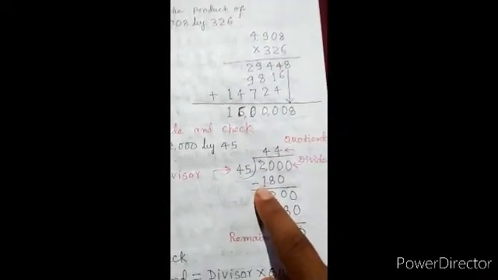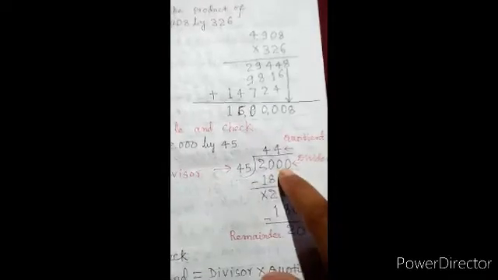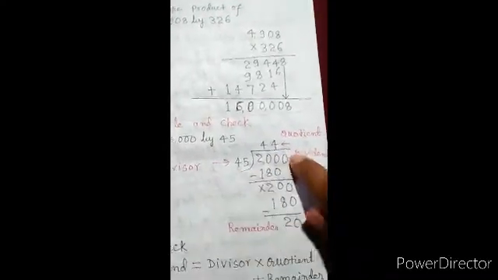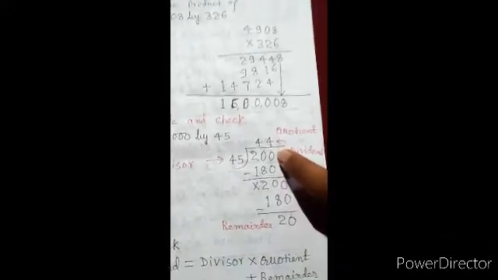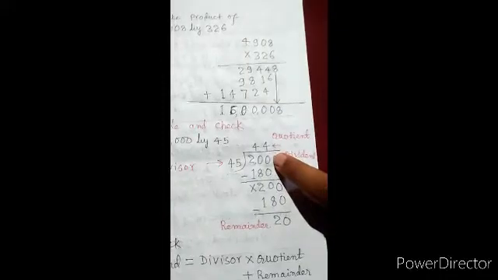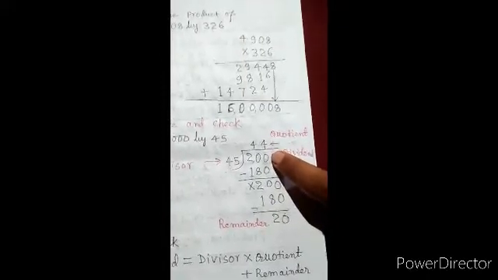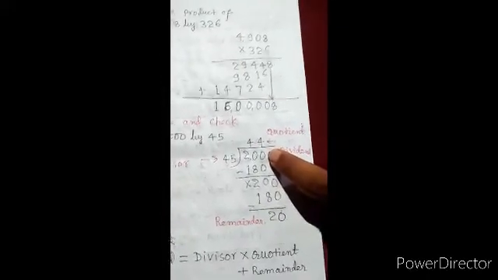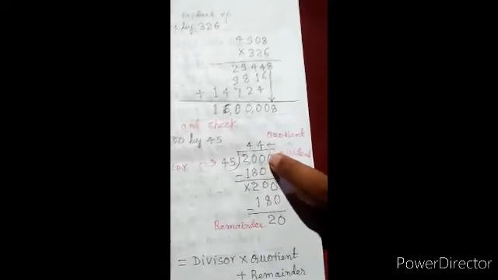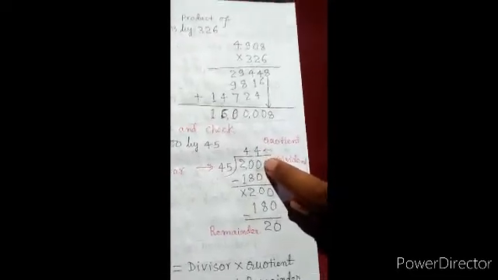45 ones, that is 45. Here 20 will not be divided by 45. Now take 200. 45 ones, 45 twos, 90, 45 threes, 135, and 45 fours, that is 180, which is slightly less than 200.